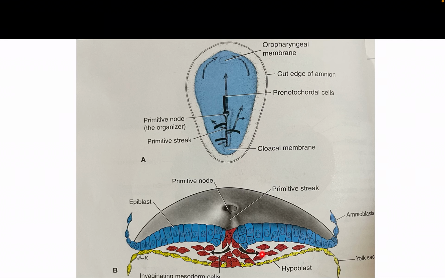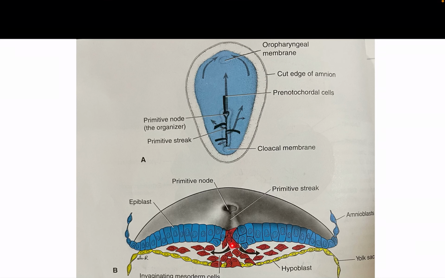Epiblast above, mesoderm in between, and hypoblast below. The primary layer, which was the inner cell mass, was a single layer, and that was the epiblast only. The epiblast then divides to form the layer below it, the hypoblast. The hypoblast is derived from the proliferation of cells of the epiblast.